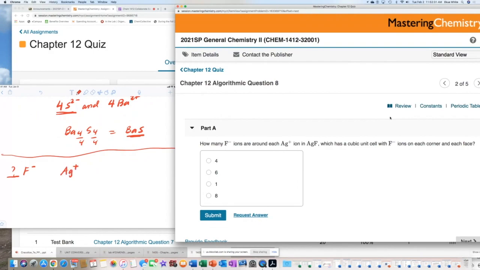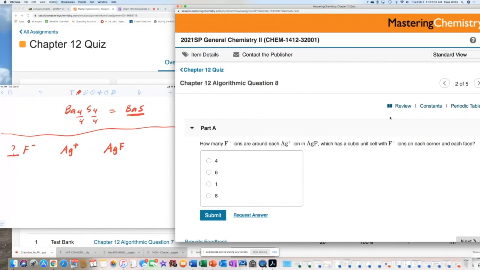To figure this out, they tell us how they relate to each other through the formula AgF. Based on this formula, 1 Ag combines with 1 F. They have a 1-to-1 mole ratio, right? 1 Ag plus, F minus.